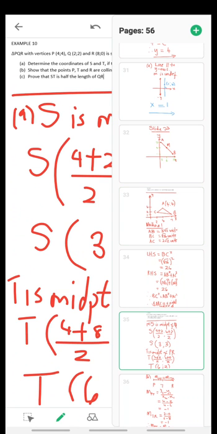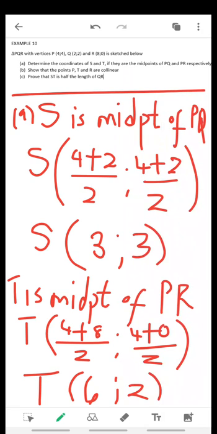Okay, now let us look at a mixed exercise. Example 10. Example 10 says triangle PQR, with vertices P, Q, and R, is sketched below.